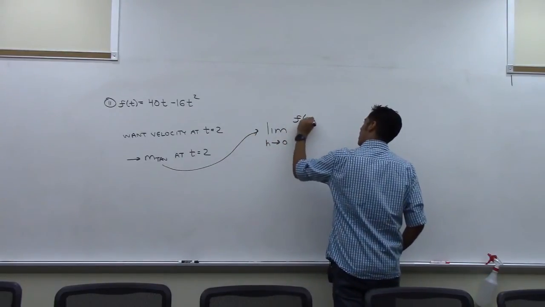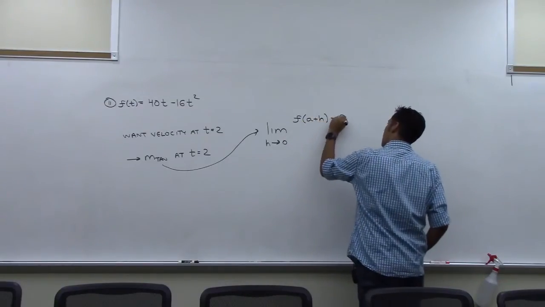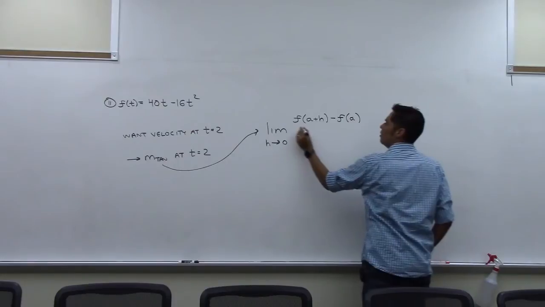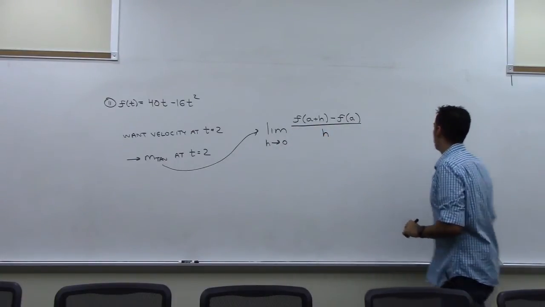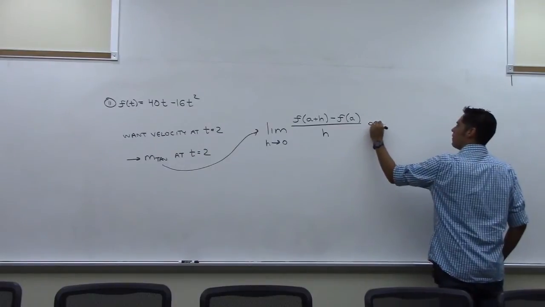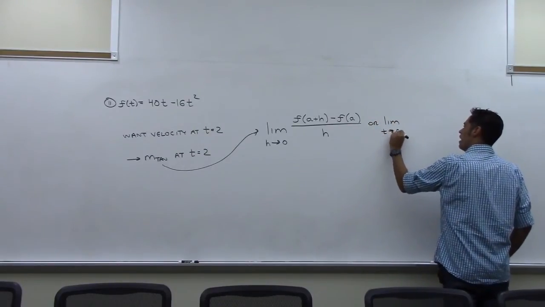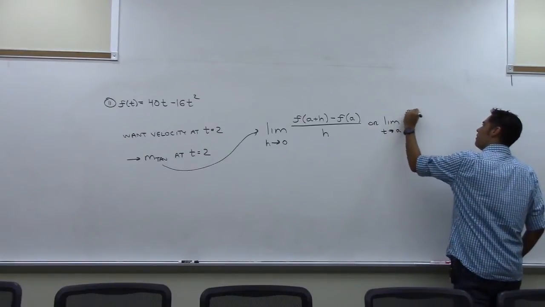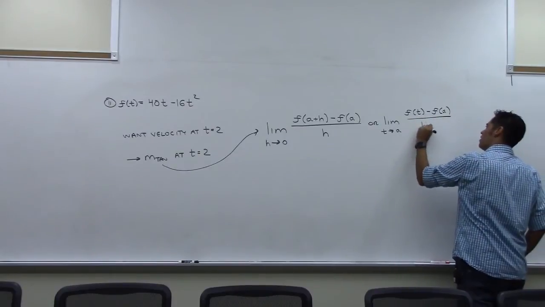f of a plus h minus f of a over h. Now be careful, if you were going to use the other one, you would do limit as t approaches a, not x, of f of t minus f of a over t minus a.